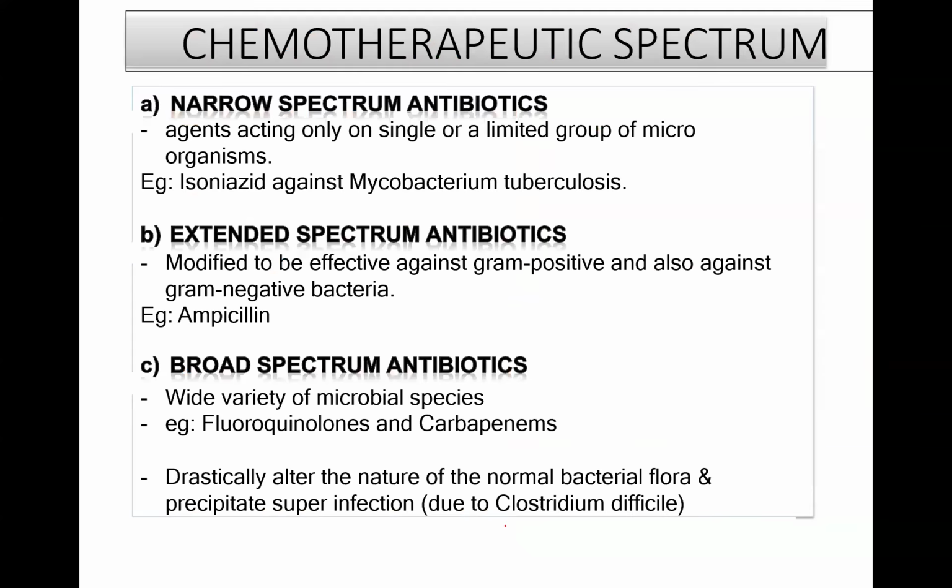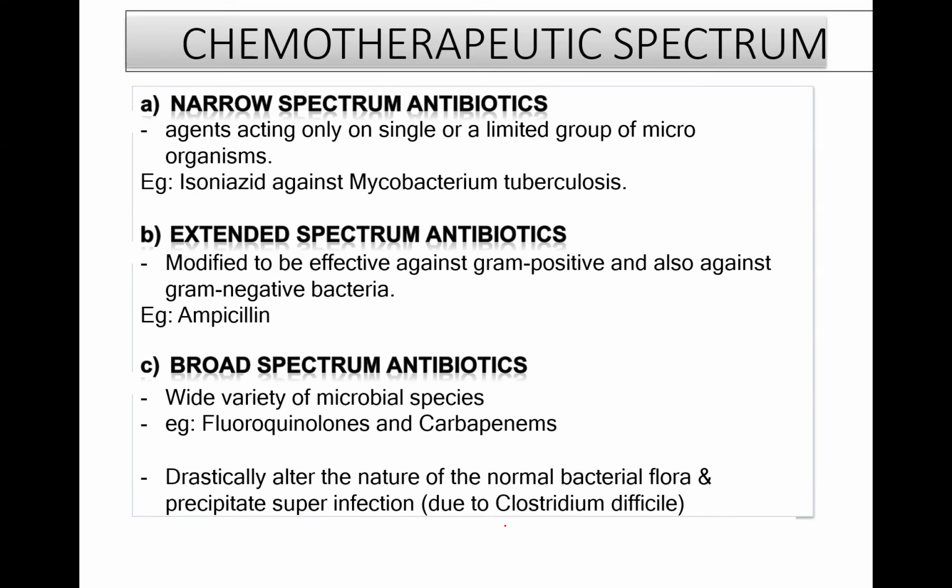Chemotherapeutic spectrum. We already discussed what is broad spectrum and narrow spectrum. Narrow spectrum means the agents which are effective only on a single or a very limited group of microorganisms. For example, isoniazid is active against Mycobacterium tuberculosis.